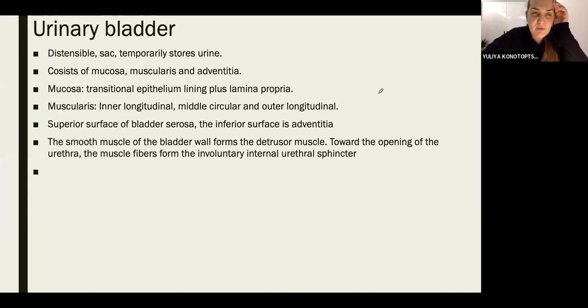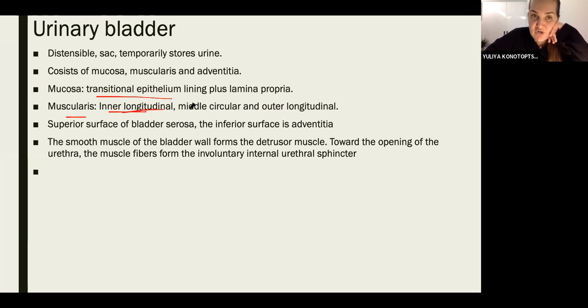The urinary bladder is a distensible sac which temporarily stores the urine and consists of the same layers: mucosa, muscularis externa, and adventitia. The mucosa has exactly the same epithelium. Muscularis externa is a bit thicker because it possesses an additional layer: inner longitudinal, middle circular, and outer longitudinal layers.